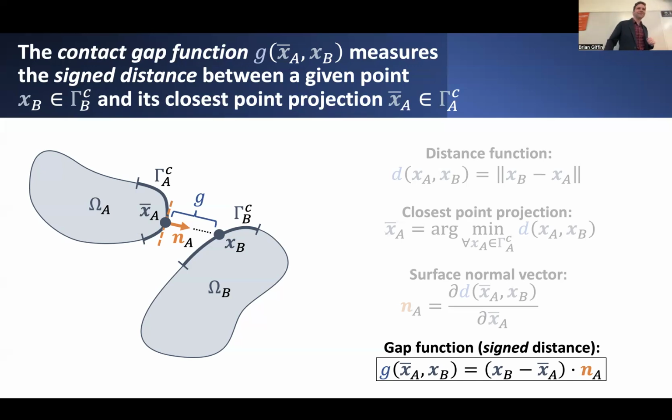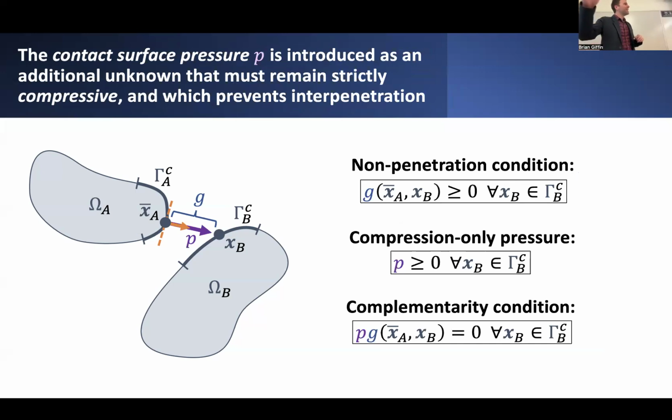And the way that I enforce that interpenetration constraint is by introducing an extra variable. And it turns out that extra variable has the interpretation as being a surface pressure or a contact pressure that acts per unit of surface area on this original surface A. So we've defined in parity all these new terms.